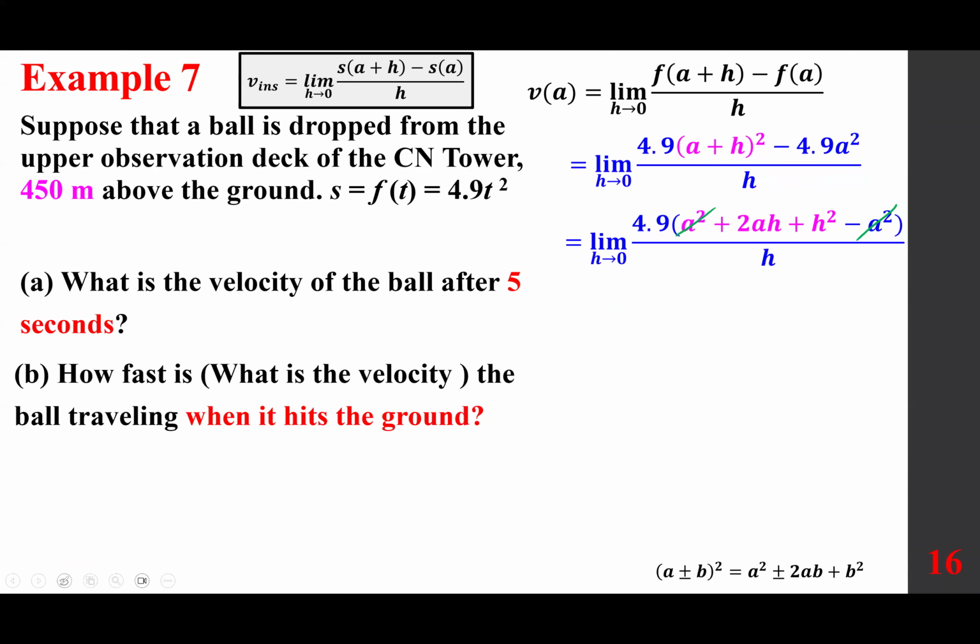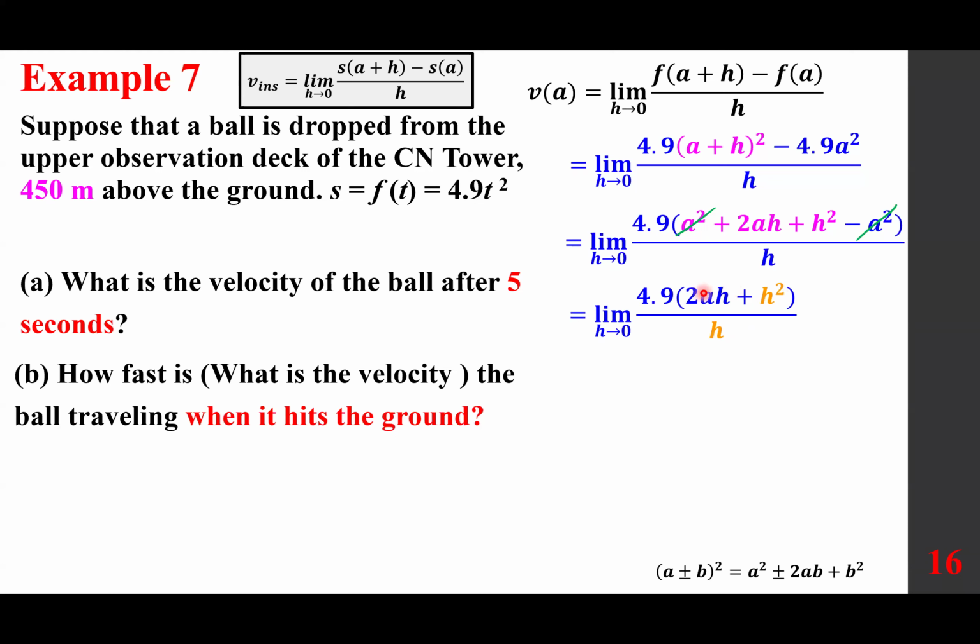And therefore we can cancel out the a squared and negative a squared. So in the numerator, we have 4.9 times (2ah plus h squared). From the top, I can take the h out.